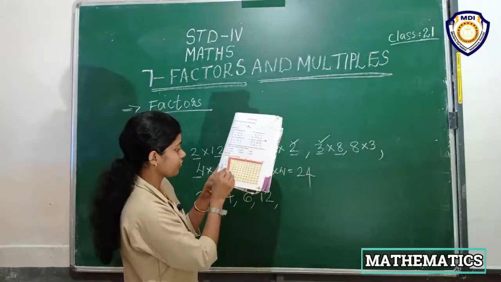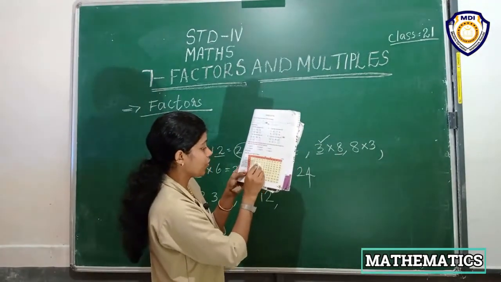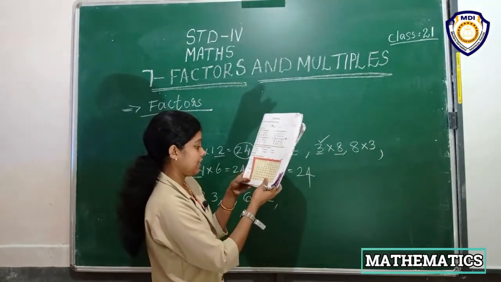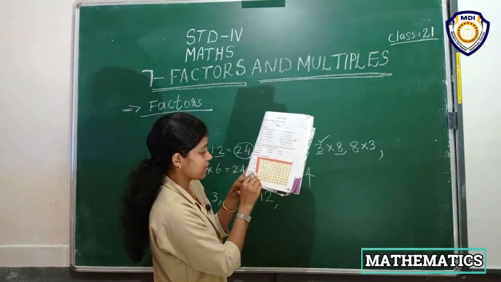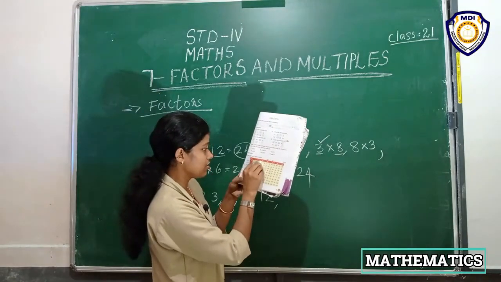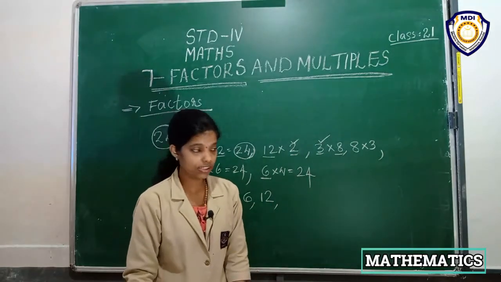Then 6 into 4, 24. Then next one 8 into 3, 24. Okay. Did you understand this?